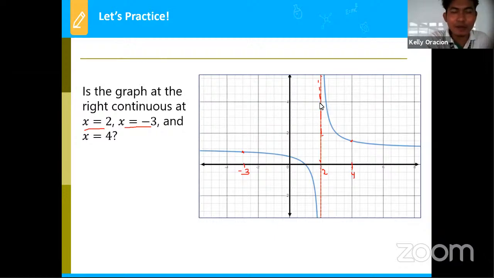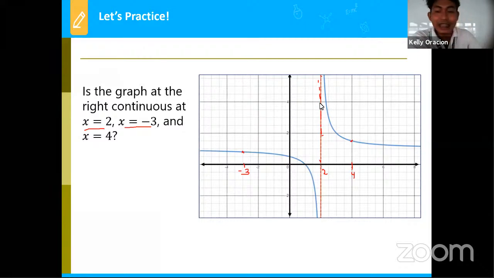What is the specific asymptote? Vertical. That is the correct answer. Thank you so much, Anne. That is a vertical asymptote. Class, your vertical asymptote is 2.